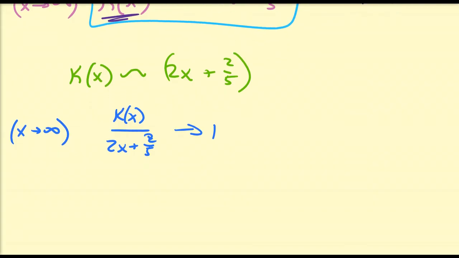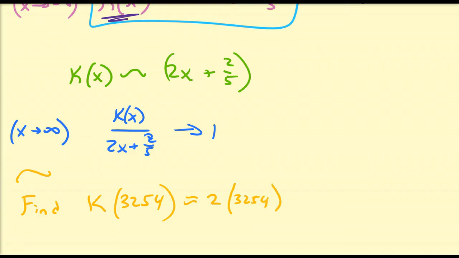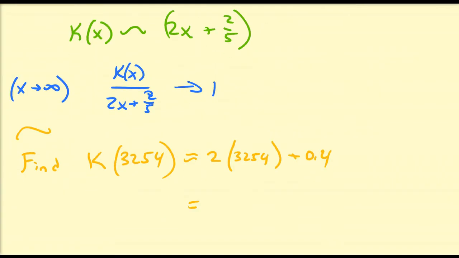So let's just do a quick example. Let's find, say, k of 3,254. By this procedure, that's just going to be 2 times 3254 plus 0.4, which we can find to be 6508.4.